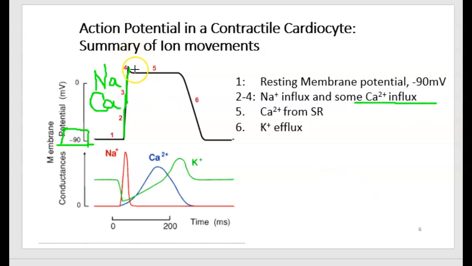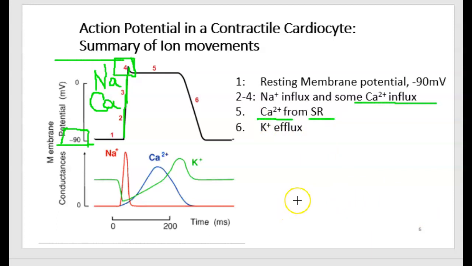Now at number 4, those sodium channels are going to close. The calcium channels stay open a little bit longer, but what's really important is this high level of depolarization will cause channels in the sarcoplasmic reticulum that are specific for calcium to open.